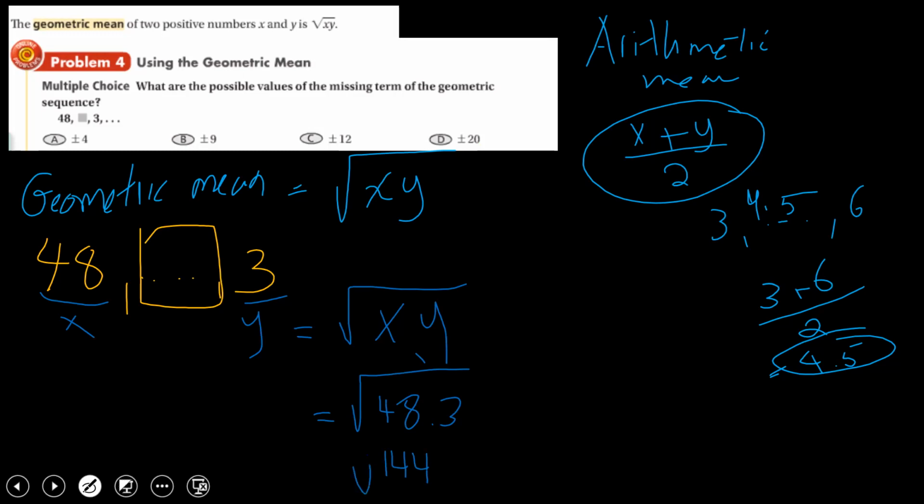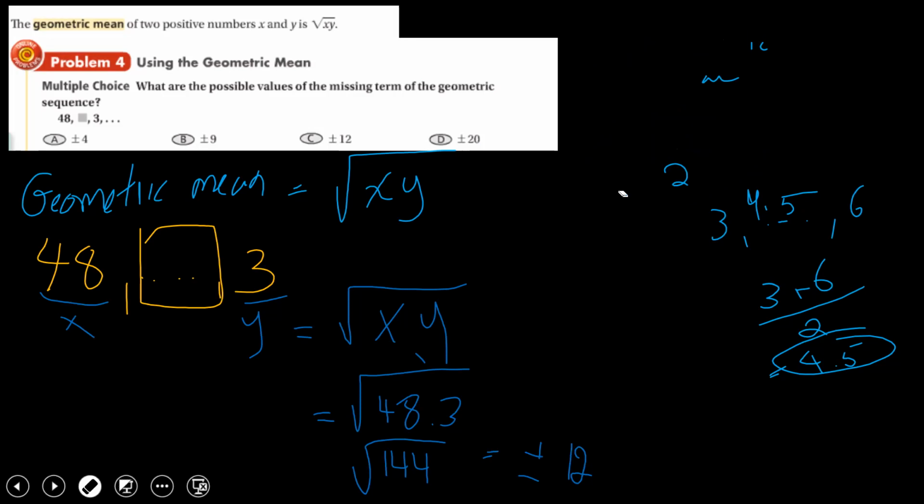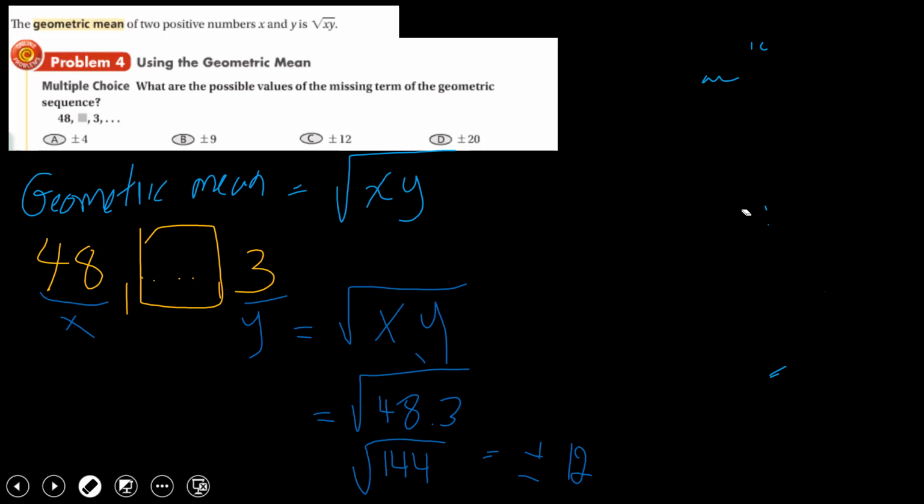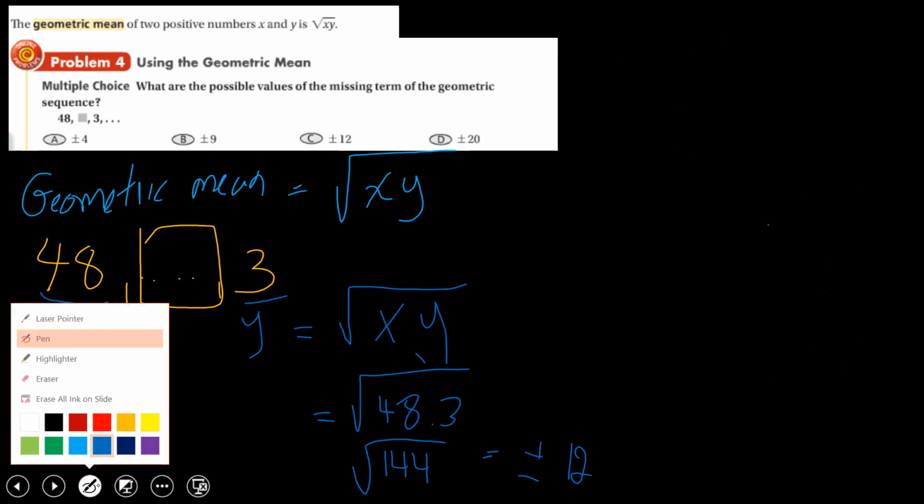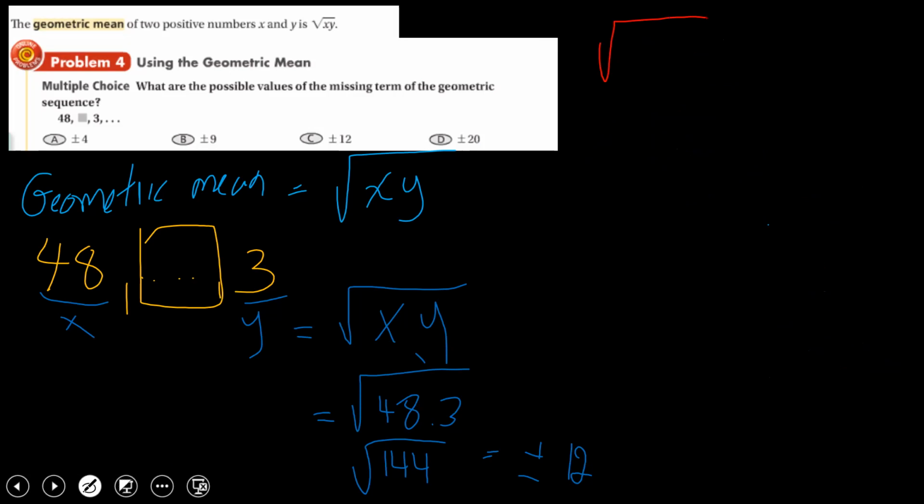So the square root of 144 will be positive or negative 12. Now, why do you say it is positive or negative, not only positive 12? Because you have to know something: if I asked you the square root of 4, you tell me it is 2.